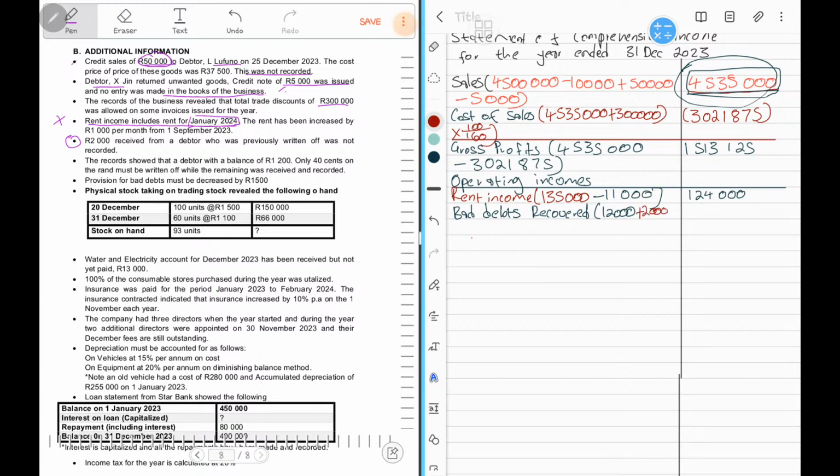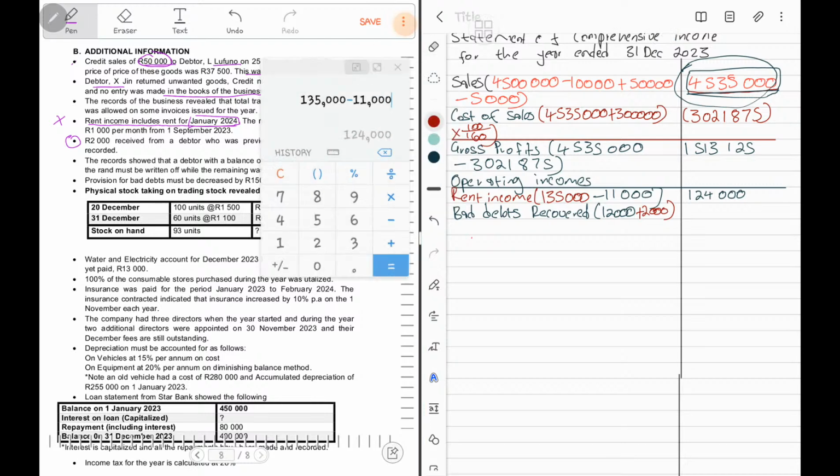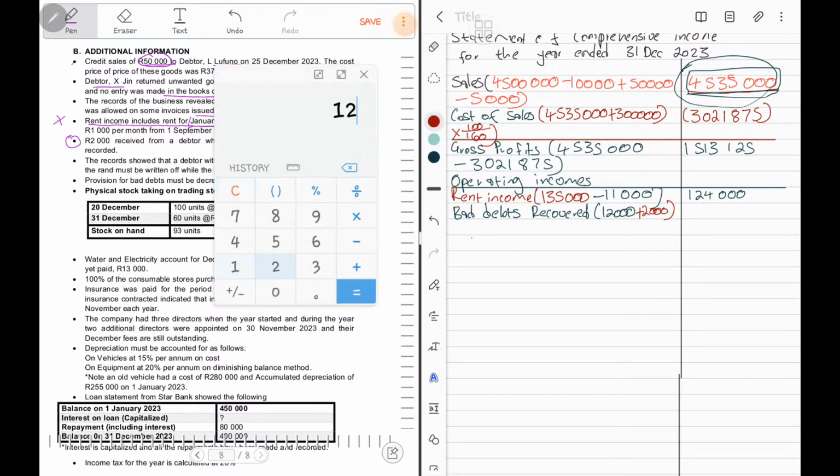We are not going to beat around the bush here. So it will be 12,000 plus 2,000, that gives us 14,000.